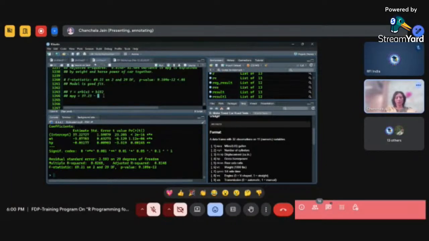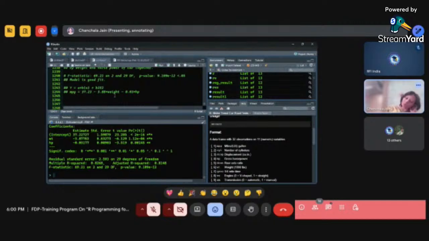Minus 3.88 multiplied by the weight, right? And then minus 0.03 multiplied by horsepower. Done? Clear? It is fine. Yes, ma'am.